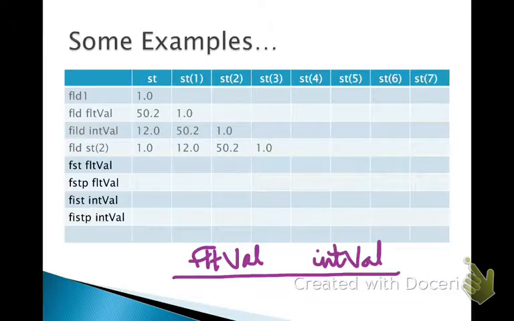Okay, so float store is going to take stack top and move it to float value. So 1.0 goes to memory. This is not going to pop the stack, so everything that's on the stack now will remain on the stack.